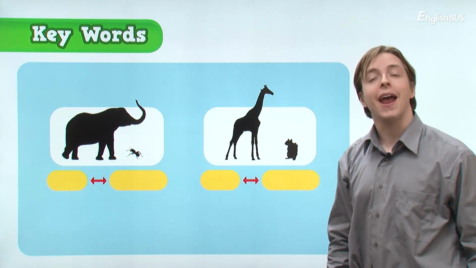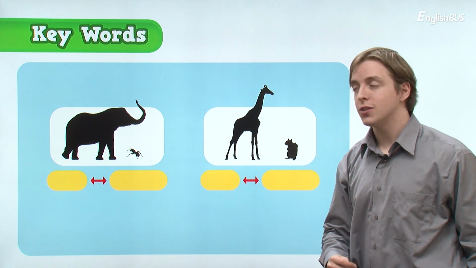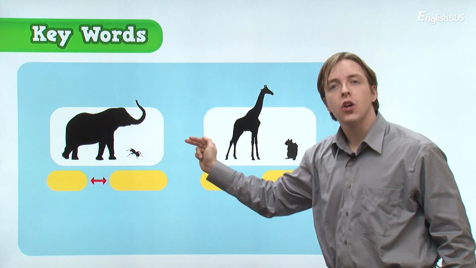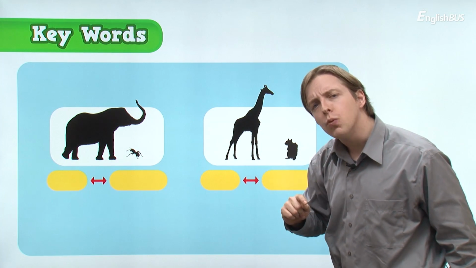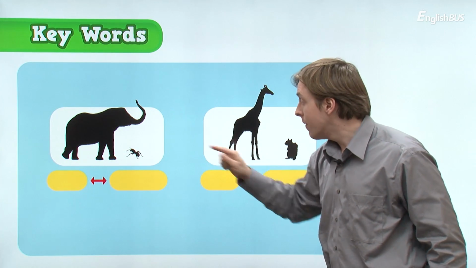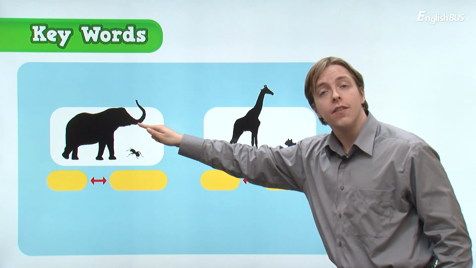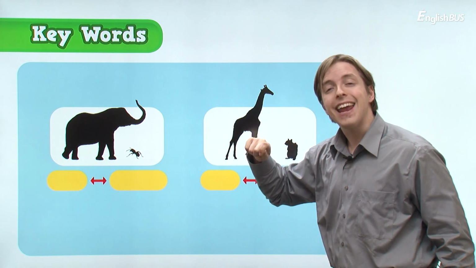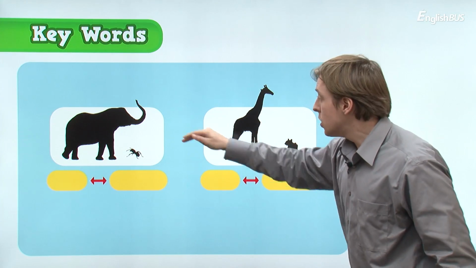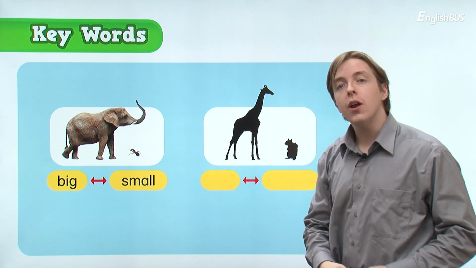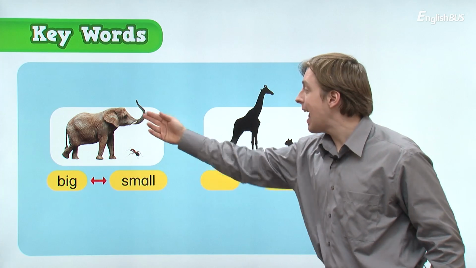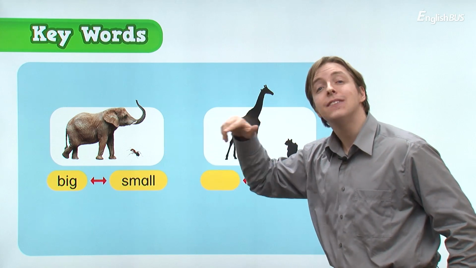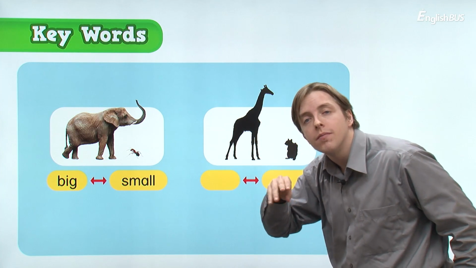Now let's turn the page and look at the key words. So, first we have these two animals right here. Can you guess what they are? Well, this is an elephant, that's true, and this is, do you remember? It is an ant. So for here, when we are comparing them, we would say an elephant is very big and an ant is very small.